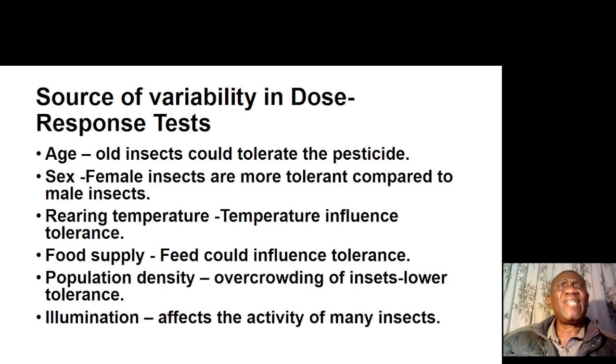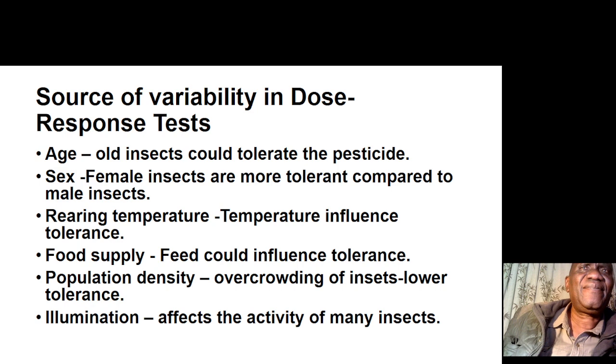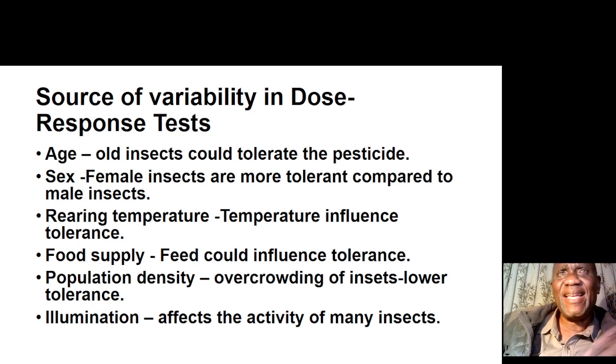Now, when we conduct these studies, in order to get an idea of how toxic a pesticide can be, there are certain factors which can affect the response we get, although we get a group of animals.